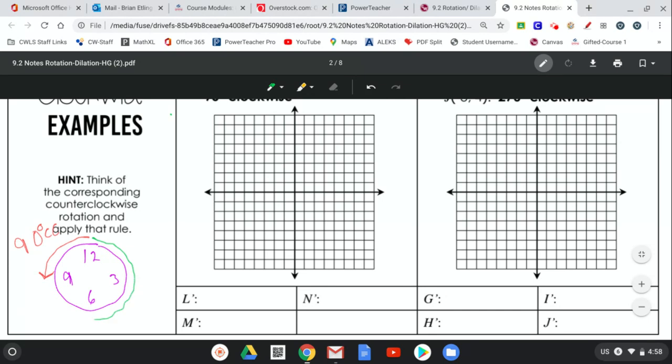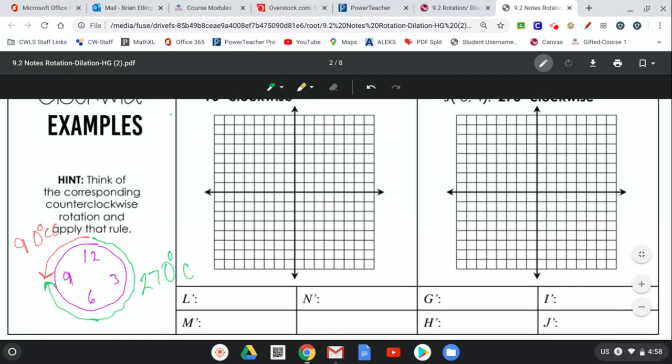Boom, another 90, we hit 6. So that would be 180 degrees, which makes a straight line from 12 to 6. And then if we go another 90 degrees, we meet up with 9. And that is going to be 270 degrees. And I'm going to put a C right there for clockwise.